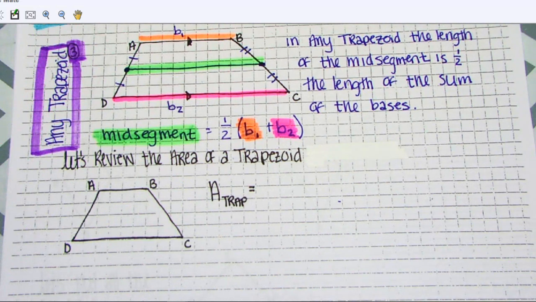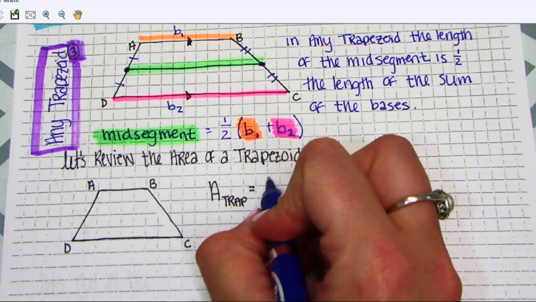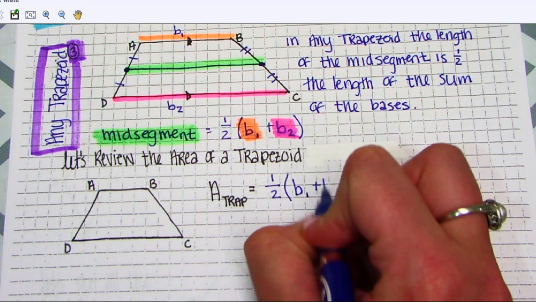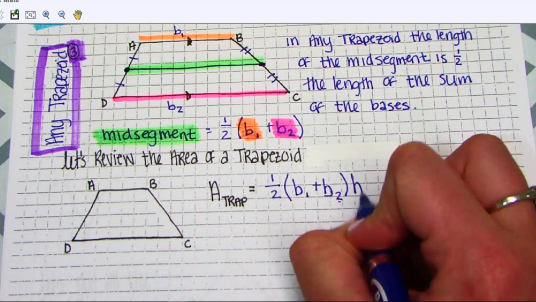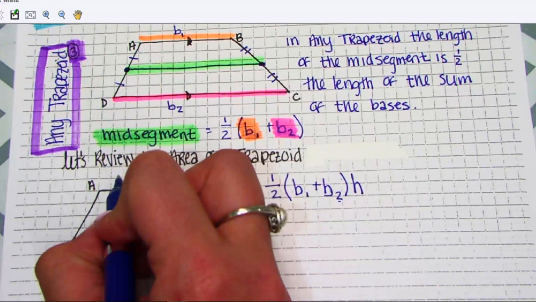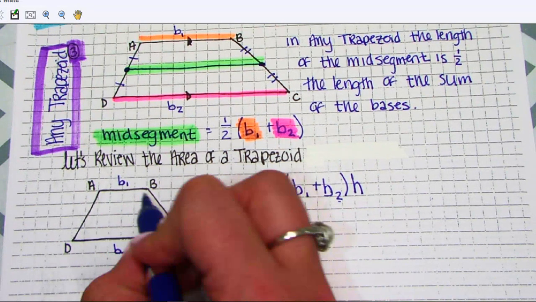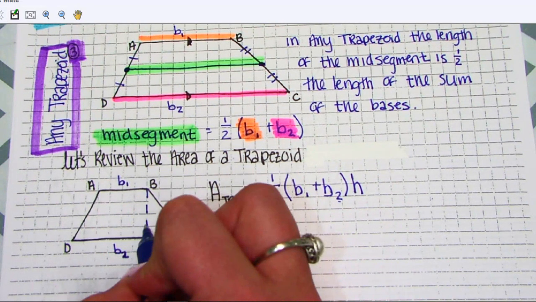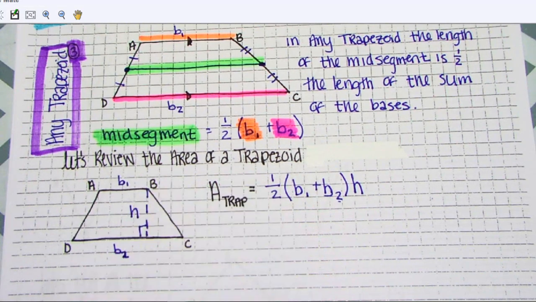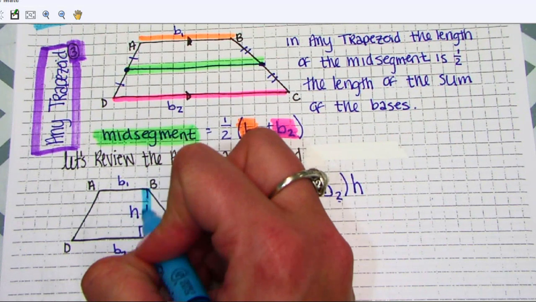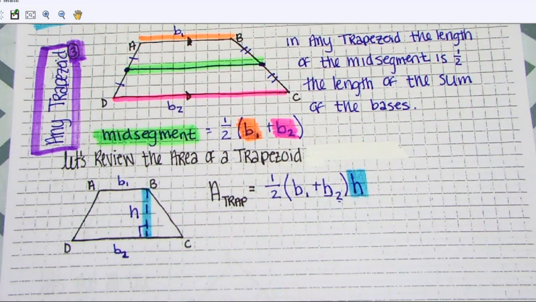The way that you do the area for a trapezoid is it's 1/2 base 1 plus base 2 times height. So base 1 and base 2, again, are here. And then the height is the distance between. So the area formula for a trapezoid, you add the bases together, divide by 2, or multiply by 1/2.